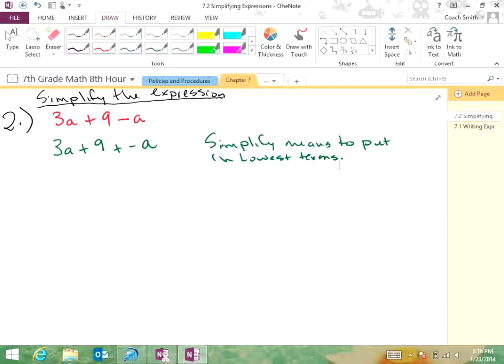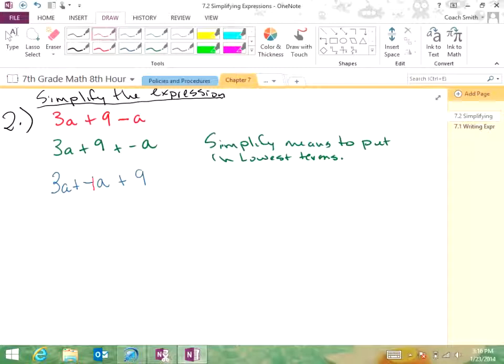So what I'm going to do is rearrange this problem and have the like terms right next to each other. Now, we said that there is a 1 in front of the a. See, this is where I've talked to you, even before Christmas, about knowing your negative and positive rules.